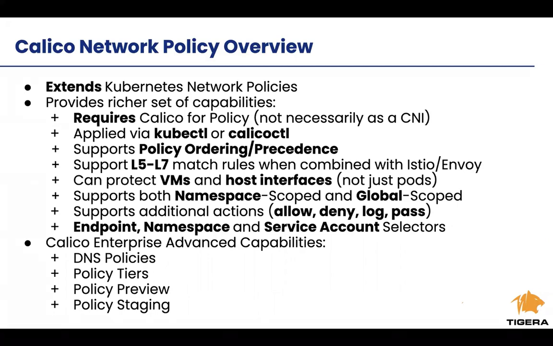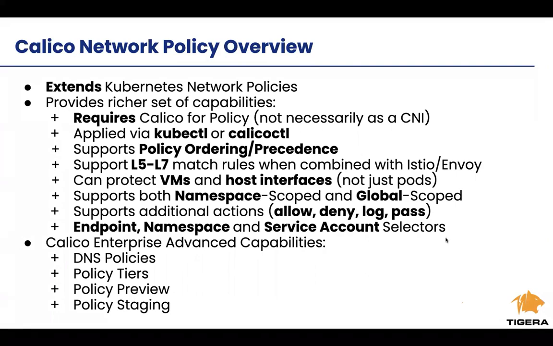Calico provides you 4 actions that you can define within your policy rules: allow, deny, log, and pass. In standard Kubernetes network policy, you don't have any action. The implicit action is allow whatever is mentioned within the rule. With Calico, there are some additional ways you can leverage the network rules, and we'll take a look into those, especially the pass action that comes into play in the enterprise version.